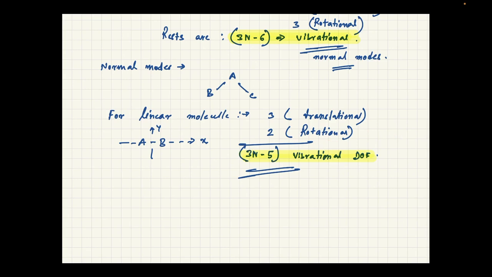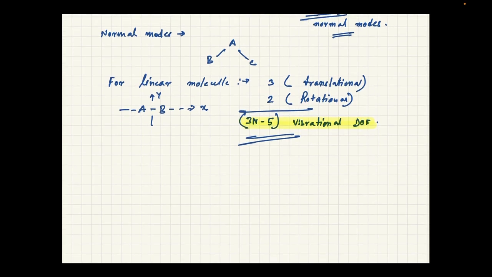And then the rest, 3n minus 5, or the remaining irreducible representations, correspond to vibrational normal modes or vibrational motions. So basically the key point is that each vibrational normal mode, or a combination of vibrational normal modes, can act as a basis for some irreducible representation of a molecule belonging to a particular point group or symmetry group.